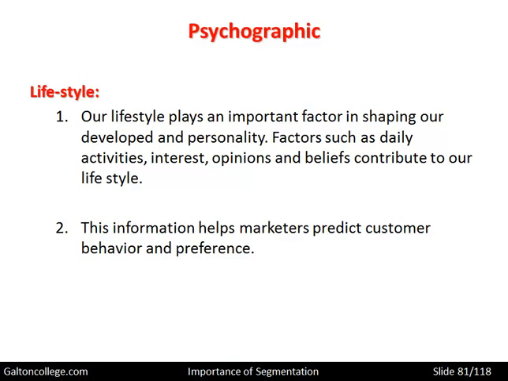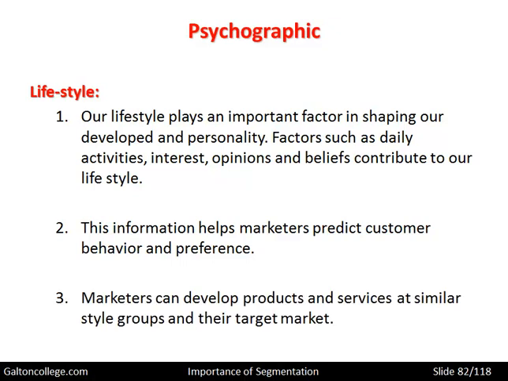Marketers can look at different segments and try to work out which phase of the life cycle people are in, and what are their likely demands, and what are their interests in terms of consumption, what are the products they're more likely to be interested in. Marketers can develop products and services aimed at similar style groups, and market these at them, or deliver it, make it available to them, and look at their target market.